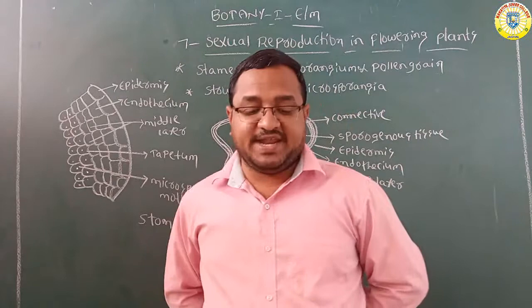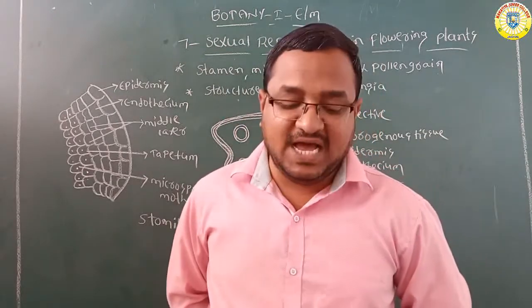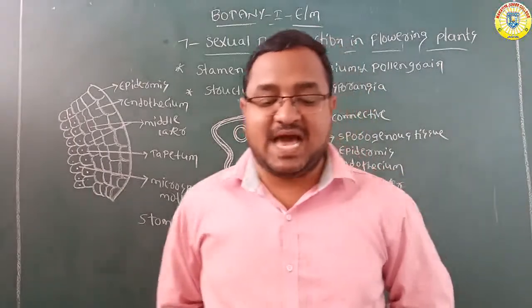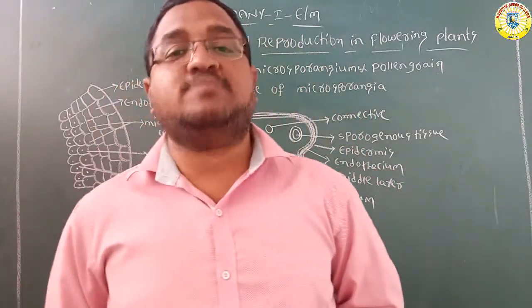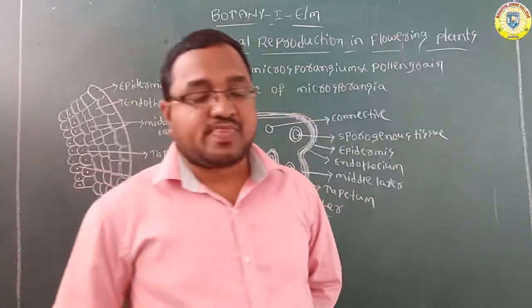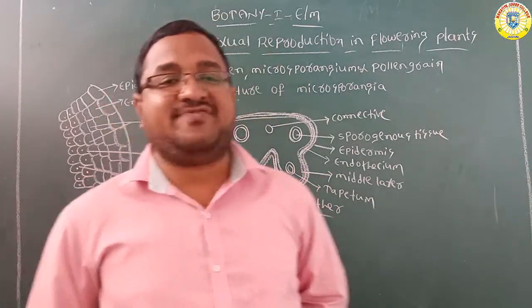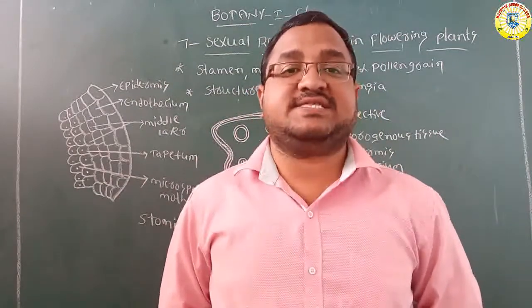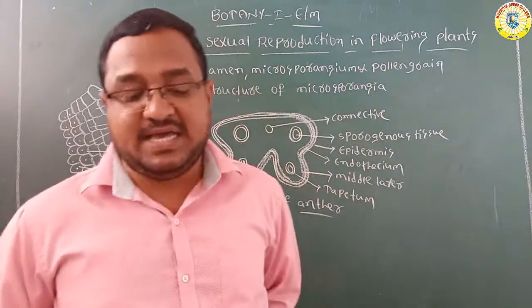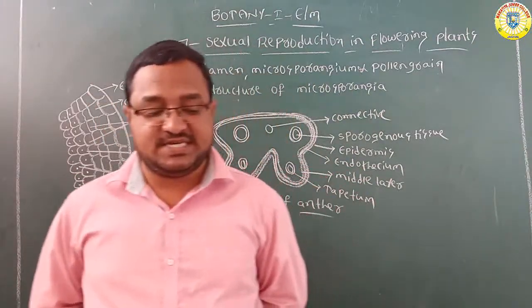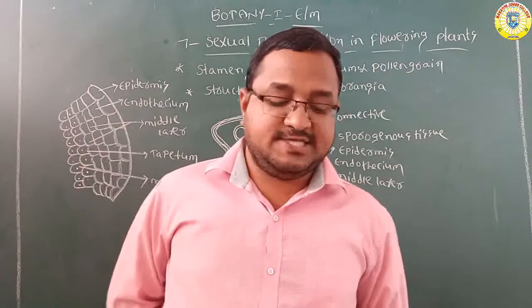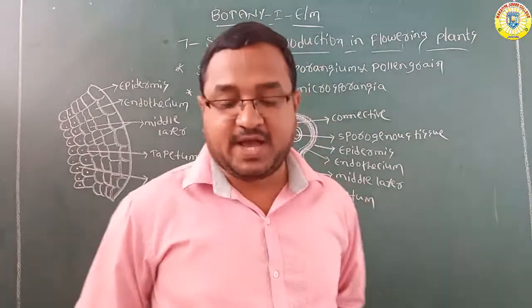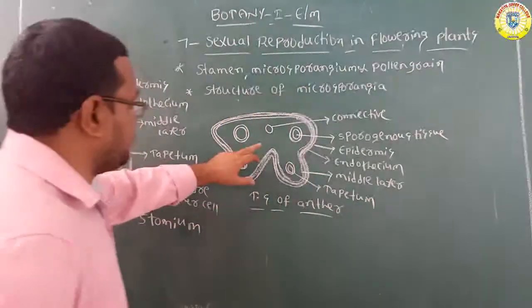When the anther is young, a group of compactly arranged homogeneous cells, meaning the same type of cells, is called sporogenous tissue, which occupies the center of the microsporangium.